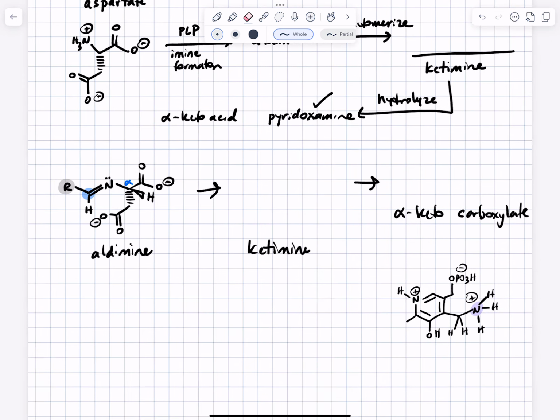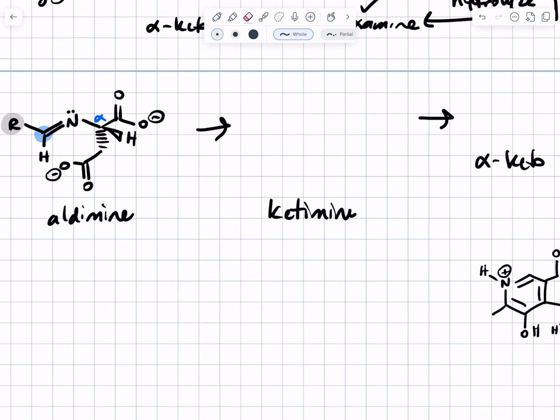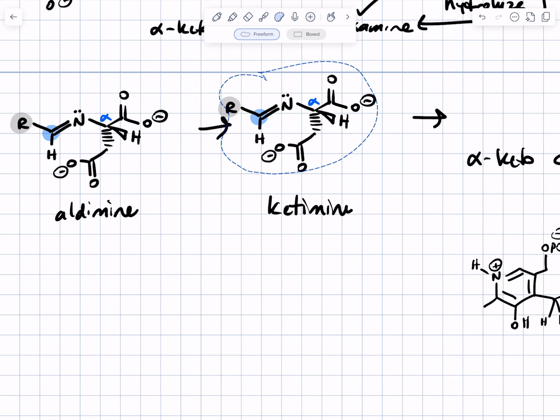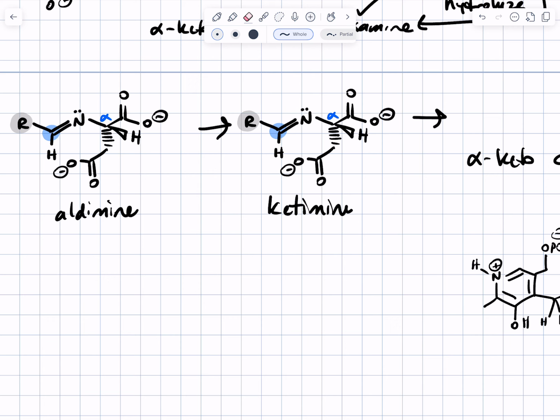All right, anybody got an answer for the ketimine? So it's pretty easy. You can take the aldimine. How do I need to change the structure of the aldimine to get the ketimine?